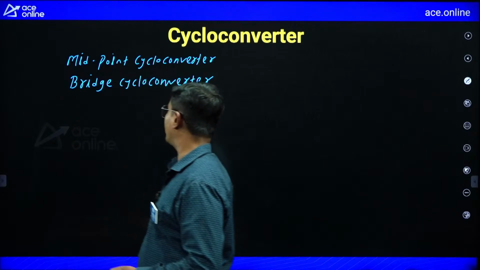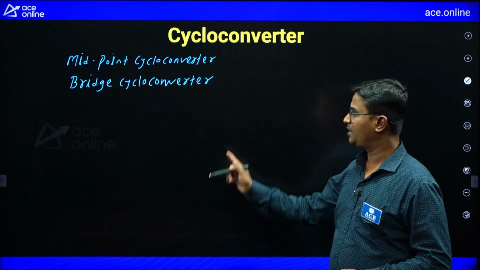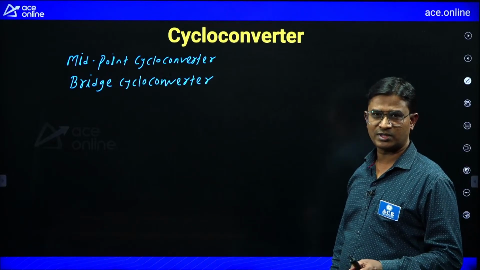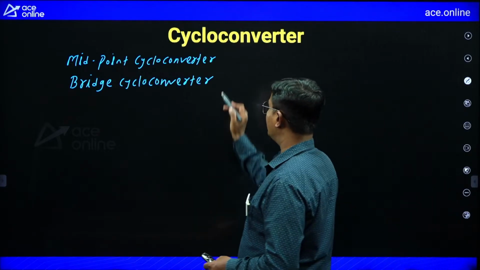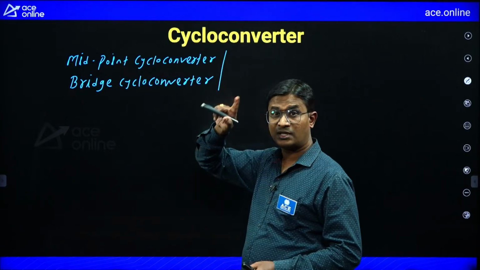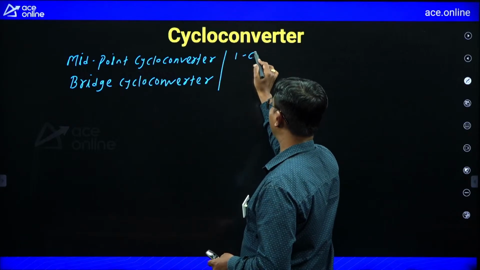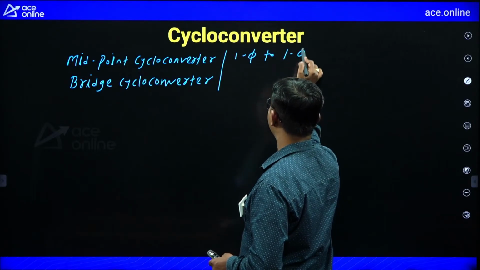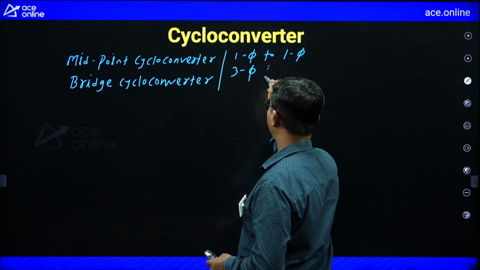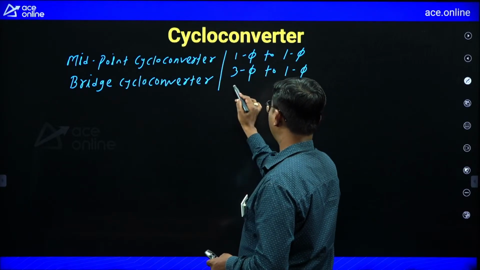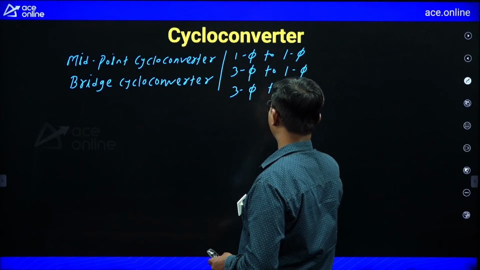Comparatively fewer questions you can expect on the midpoint and bridge cycloconverters. Please go through the circuit diagram and its operation. Again, we have types based on the number of phases: single phase to single phase, 3 phase to single phase, and 3 phase to 3 phase.